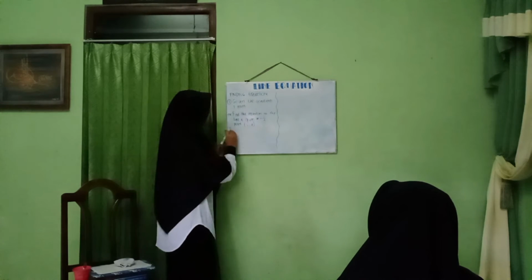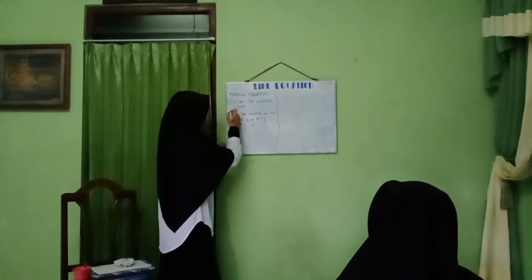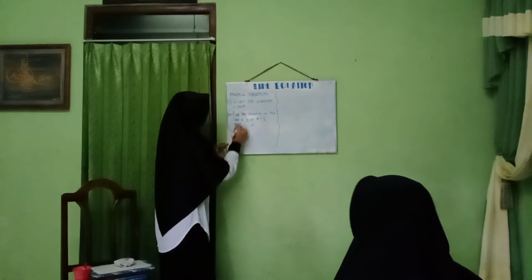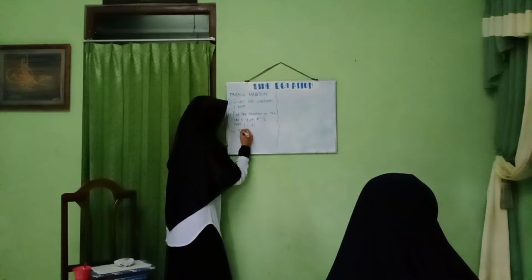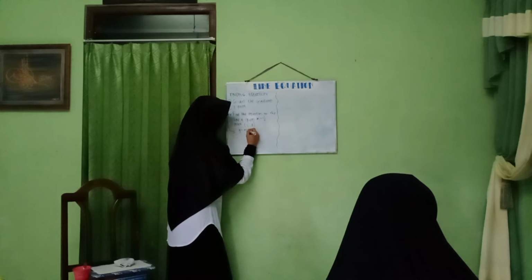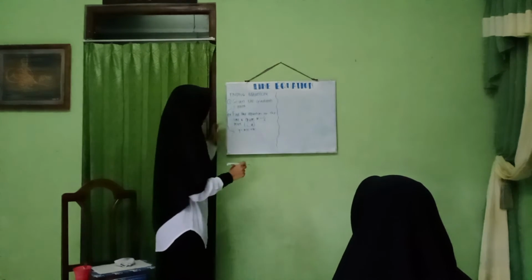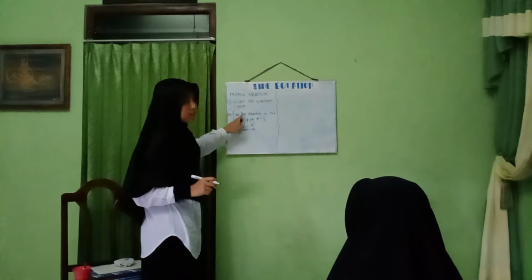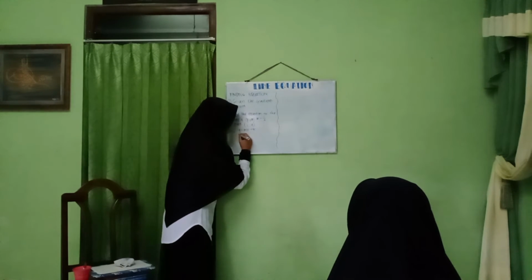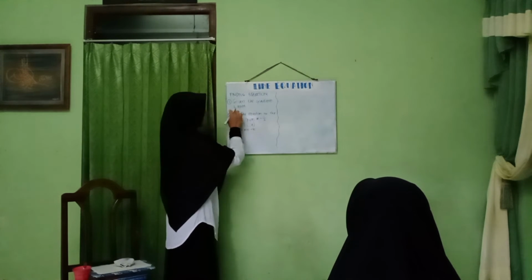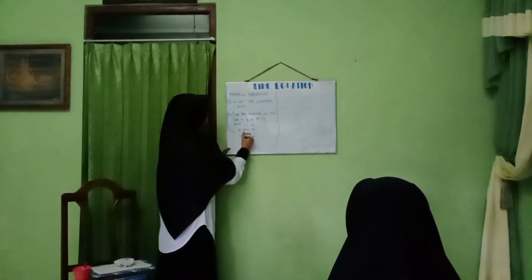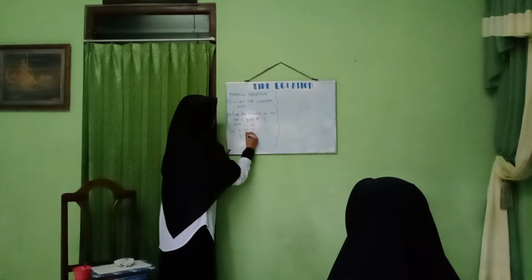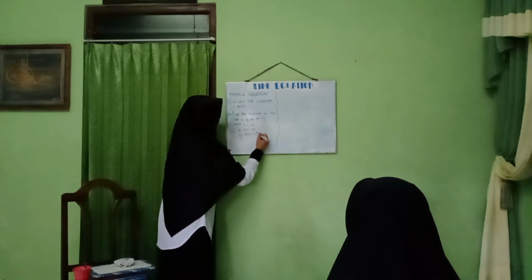But before we do this, we must know that y is equal to mx plus k. But here a point is given. Suppose this point is (x1, y1). So we have y1 equal to mx1 plus k.